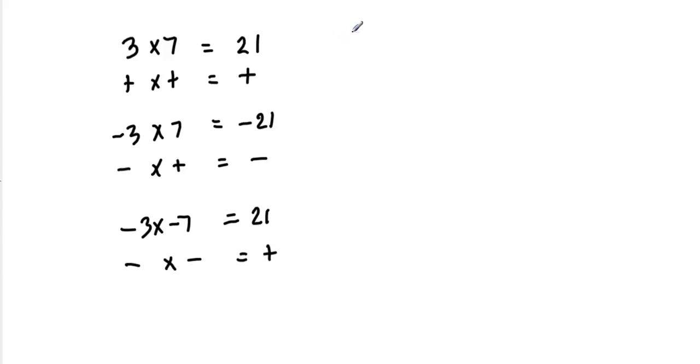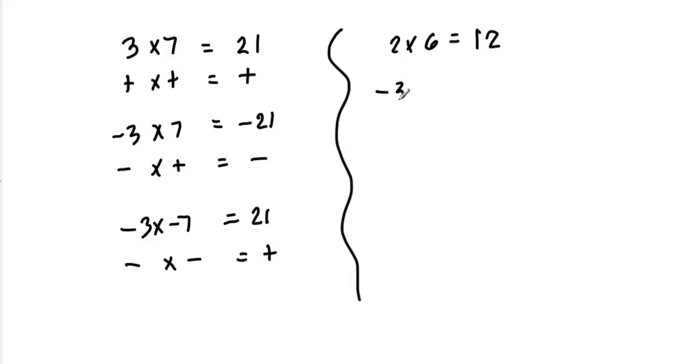This will hold true with division as well. But let's not get ahead of ourselves, and let's take a look at examples. If I say 2 times 6, obviously that would be a positive times a positive, that would be a positive 12. If I say negative 3 times negative 4, you have a negative times a negative, which equals a positive, so this is actually still 12.